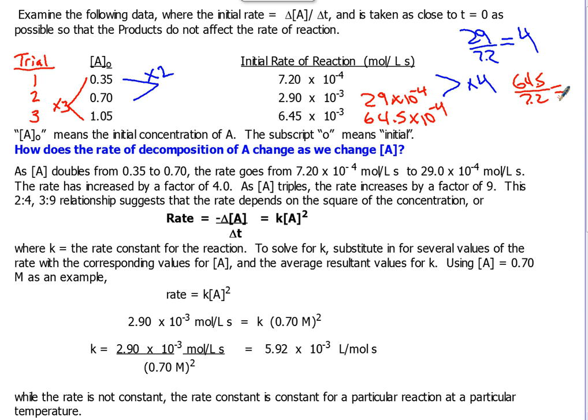Yes, or 9. Yeah, that was 8.95, and the data is never going to be super duper perfect, but that is darn tootin' close to 9, right? So they tripled the molarity, and the reaction speed for this one and that one is 9 times greater.